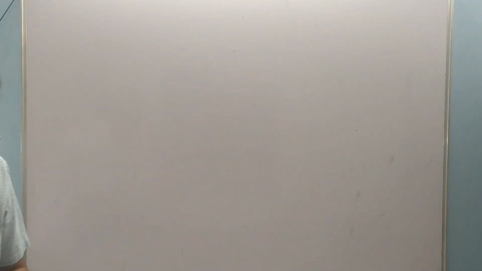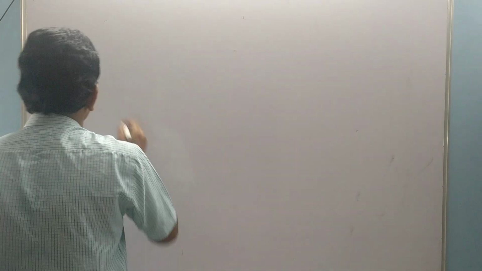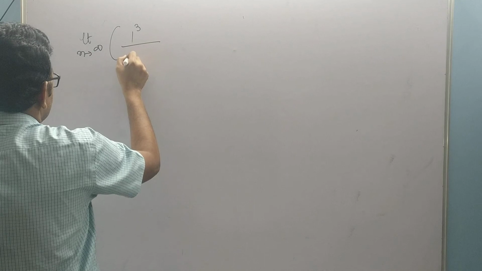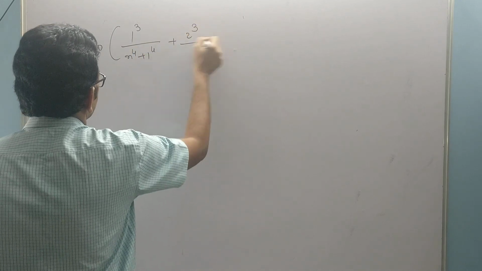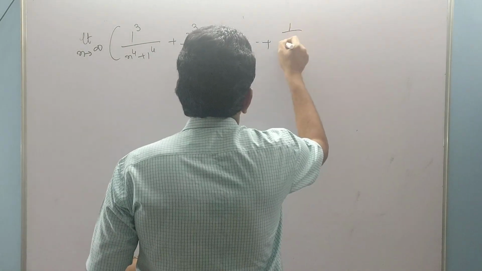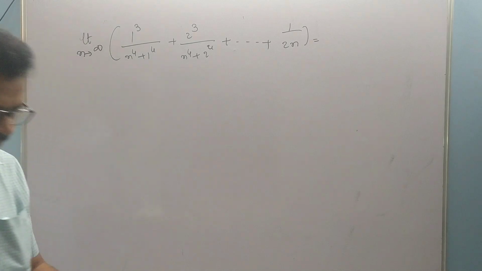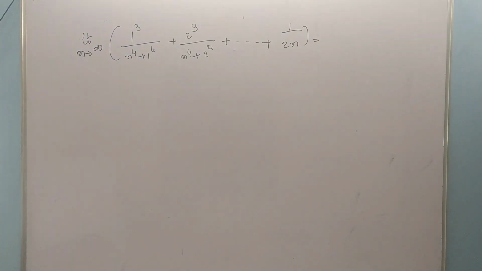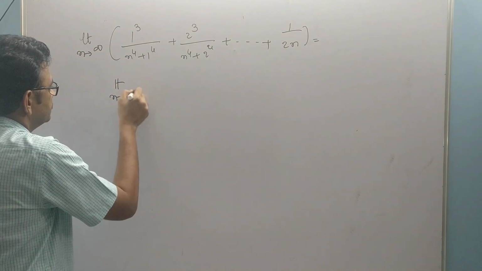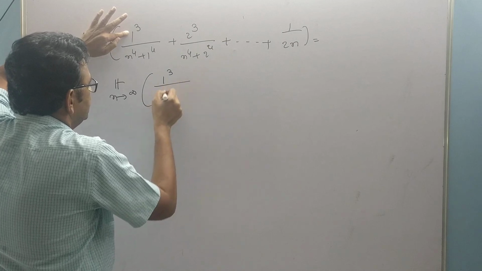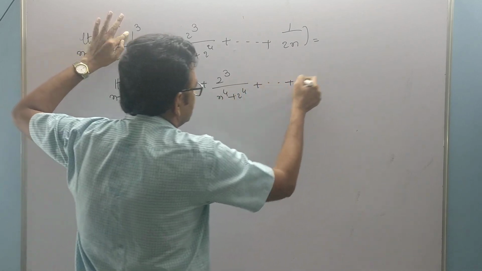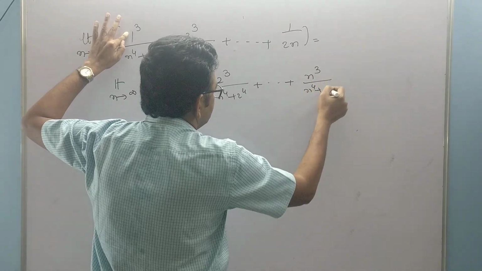Next one: limit of n tends to infinity of 1 cube by n power 4 plus 1 power 4, plus 2 cube by n power 4 plus 2 power 4, and so on, up to 1 by 2n. This is the limit of n tends to infinity of 1 cube by n power 4 plus 1 power 4, 2 cube by n power 4 plus 2 power 4, plus and so on, n cube by n power 4 plus n power 4.